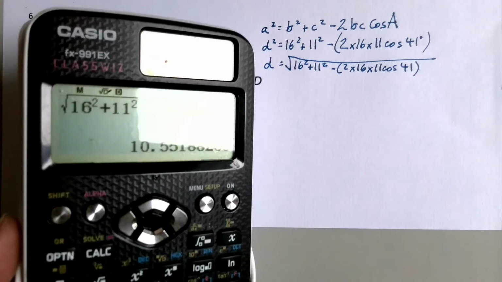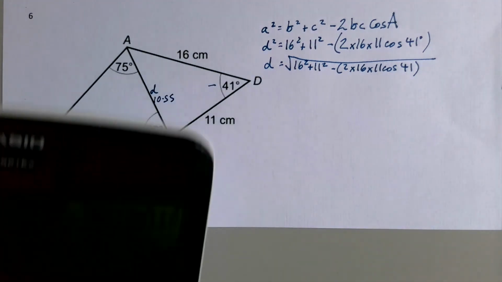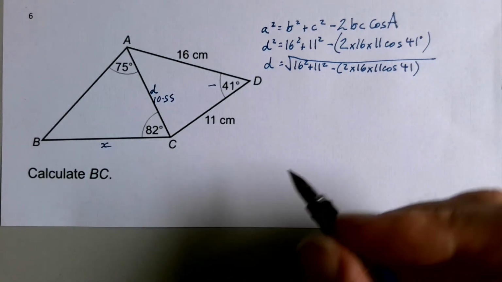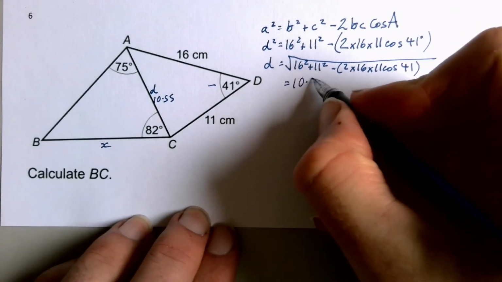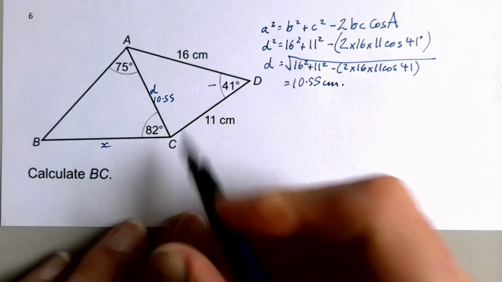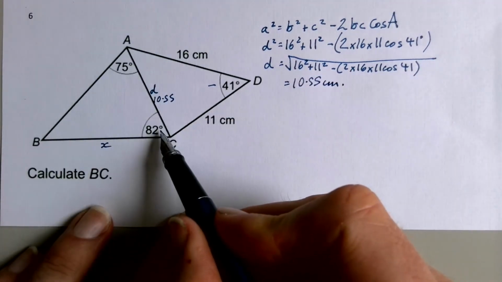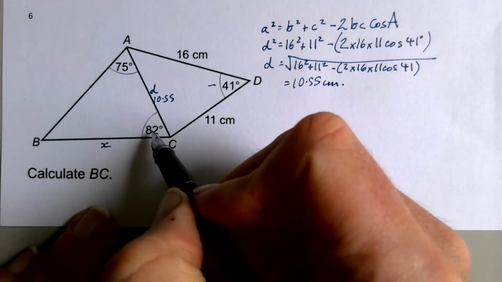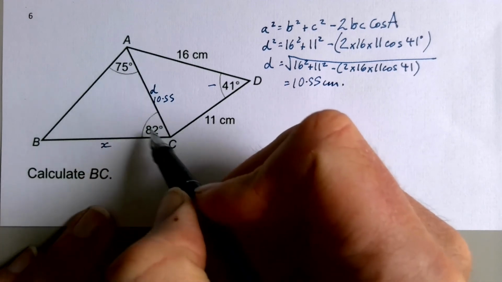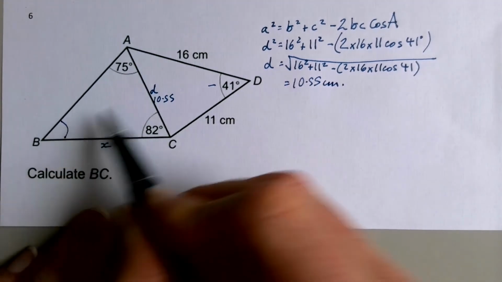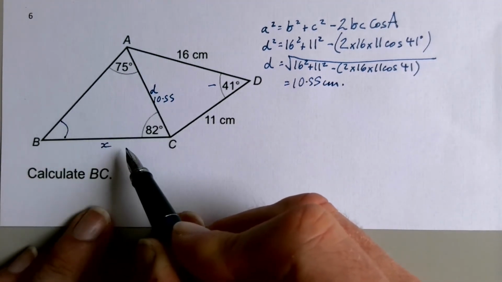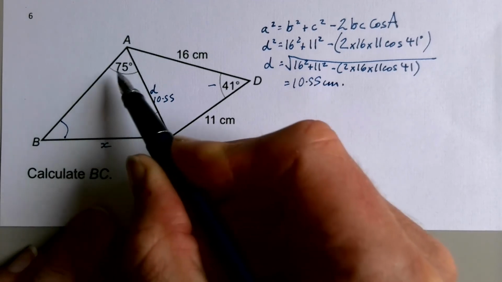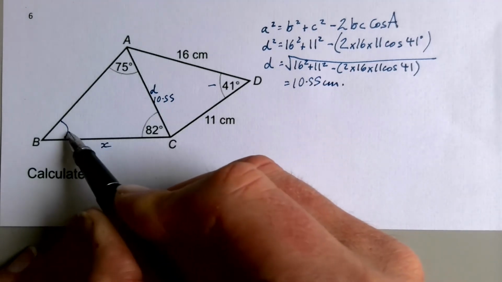Now I'm going to do the same trick with the answer key in a minute, so I'm not going to bother about writing all of that out. And now that I've got that, and I know this angle and this one, if I only knew this angle, I could use the sine rule, couldn't I? Because I've got that one opposite that and that one opposite that.